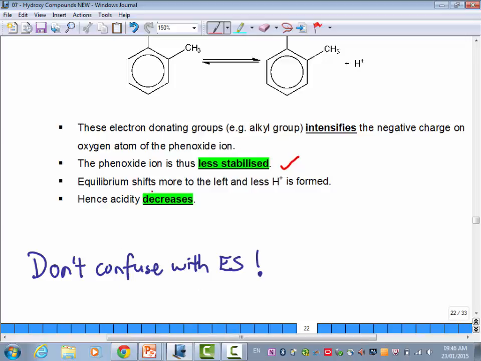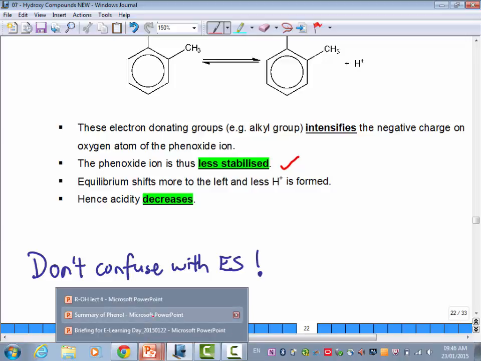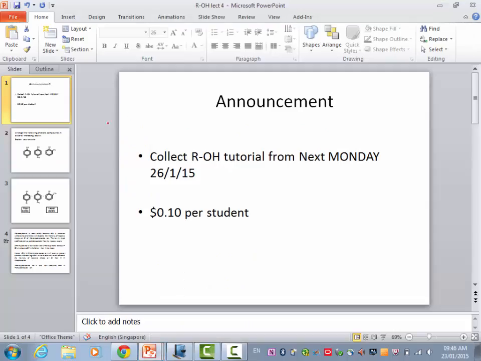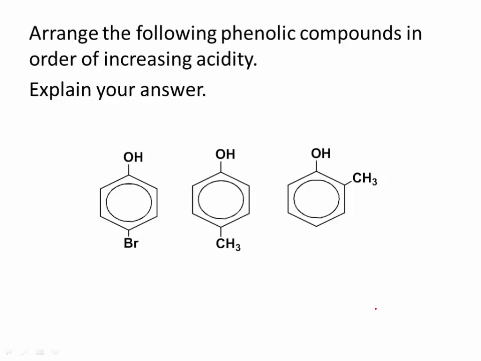Right now, I'm going to give you a short exercise to consolidate your knowledge. Here I have 3 phenolic compounds. The task is very simple: arrange the following compounds in order of increasing acidity, and of course, give your explanation.